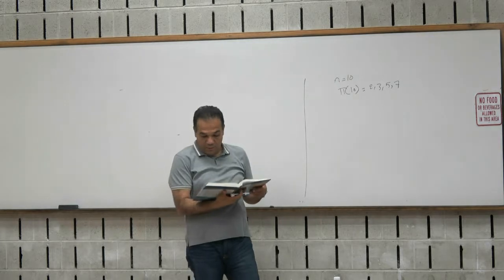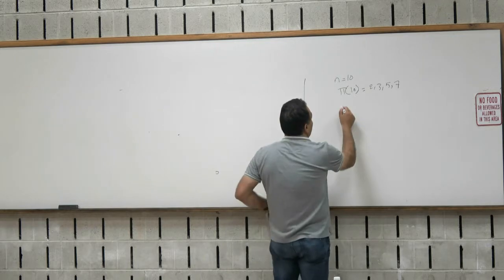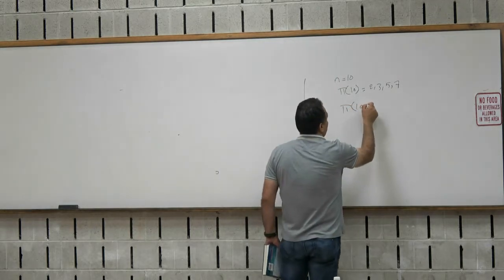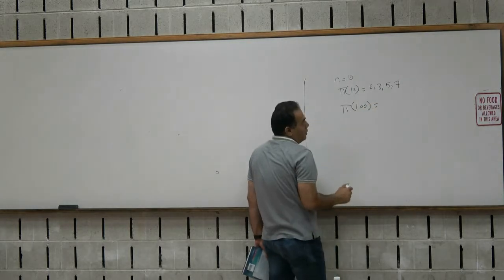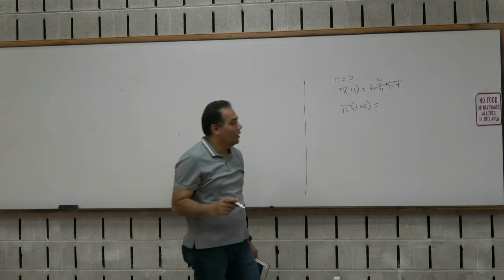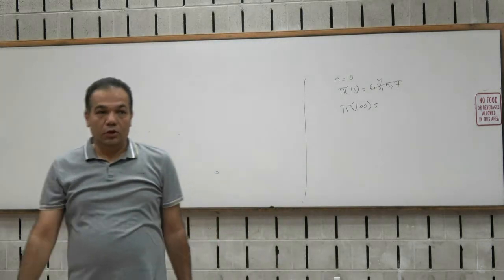For example, phi of 100. Of course, the previous one was 4. Phi of 100 is 25.